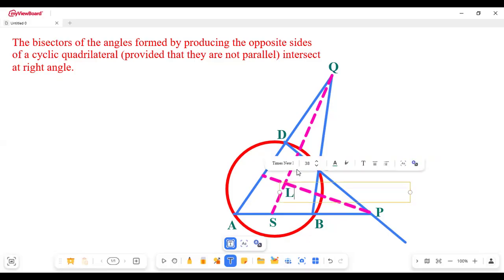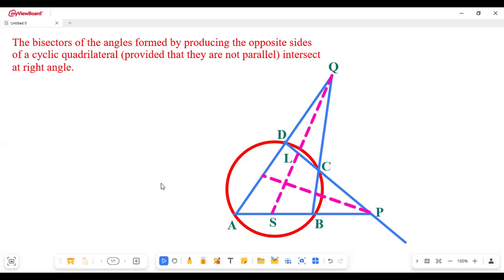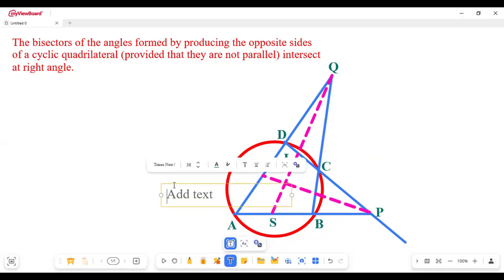This one will be L, and this one will be R. So we have P, Q, R, and S, and ABCD are the vertices of the cyclic quadrilateral.